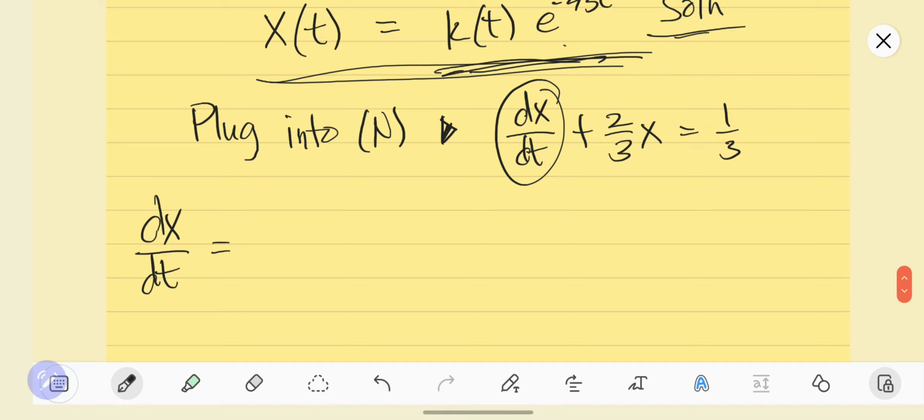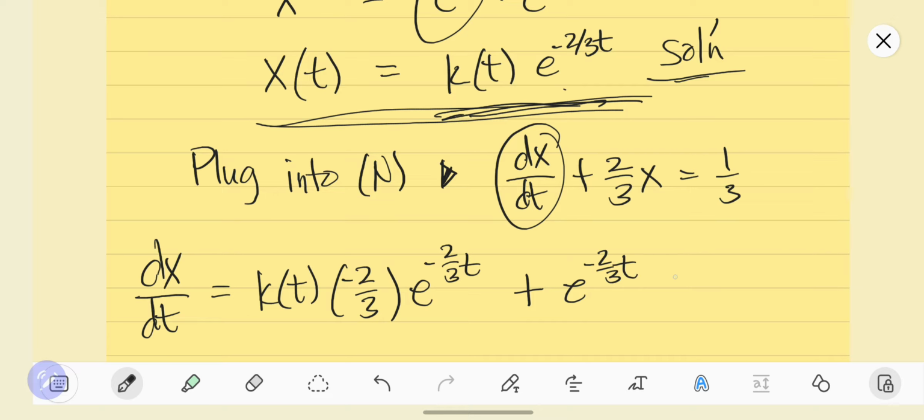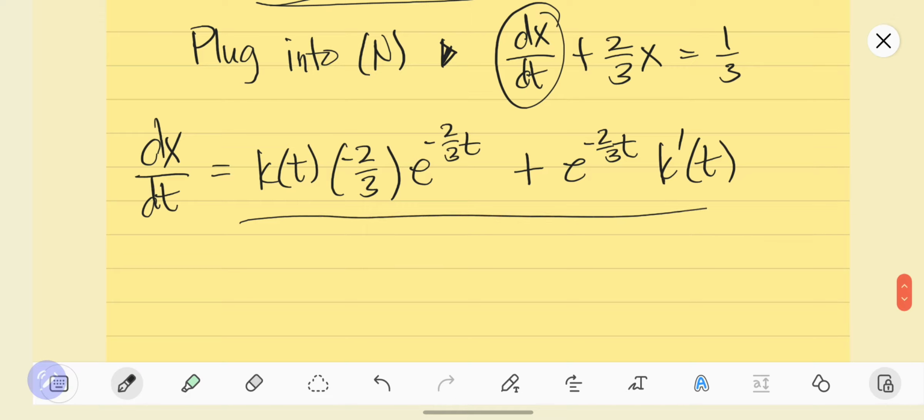So the equation is k of t, the derivative of e to the negative 2/3 t, so that's negative 2/3 times e to the negative 2/3 t, plus e to the negative 2/3 t times the k prime of t. So now we have this dx over dt. So try to plug this into the non-homogeneous equation.